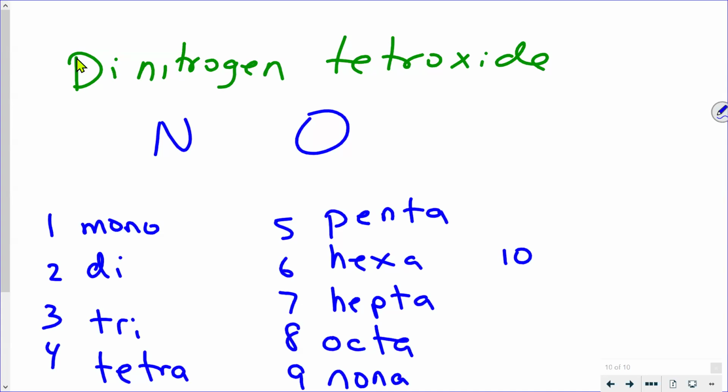Dia, D-I-A, is that it? Close. Think of the metric system, 10. The shape with 10 sides is a D-something-gon. Diagonal? Close.